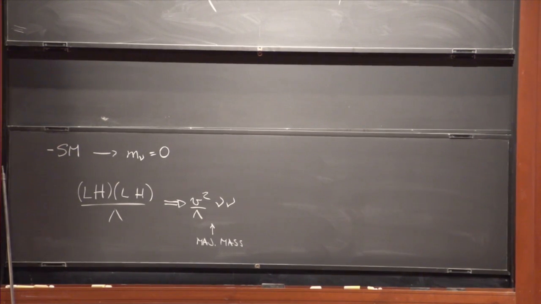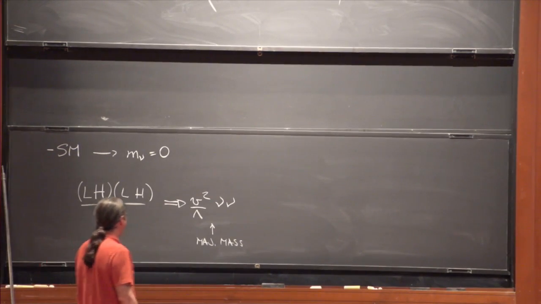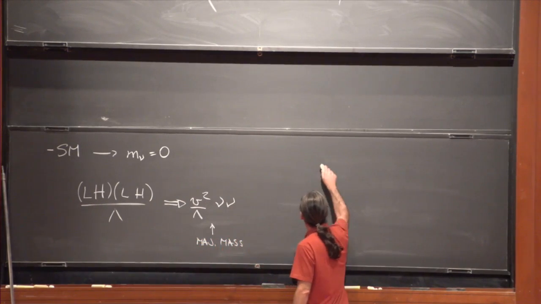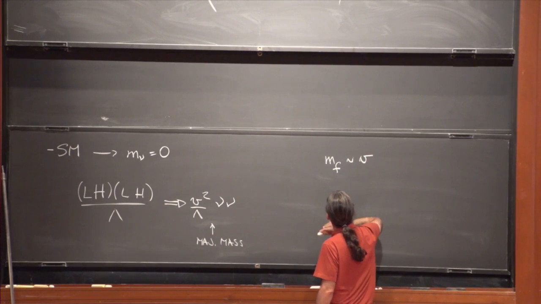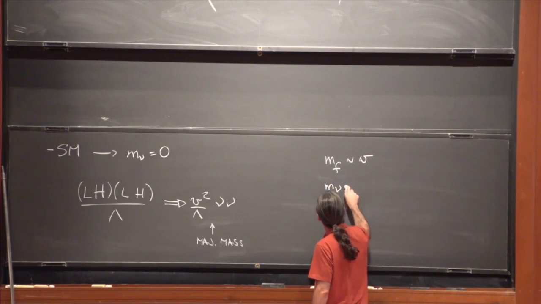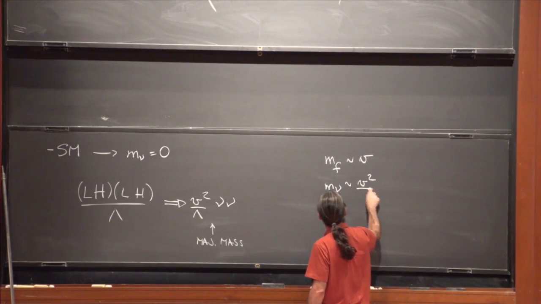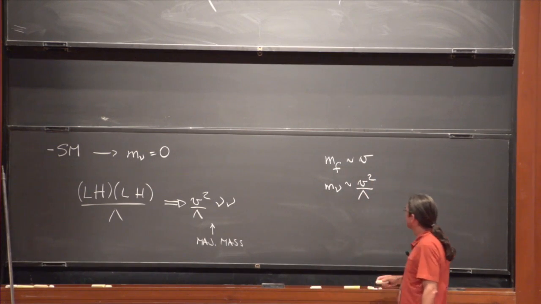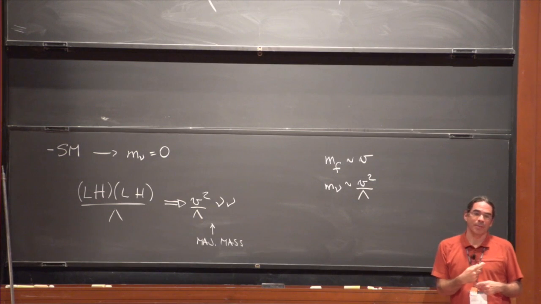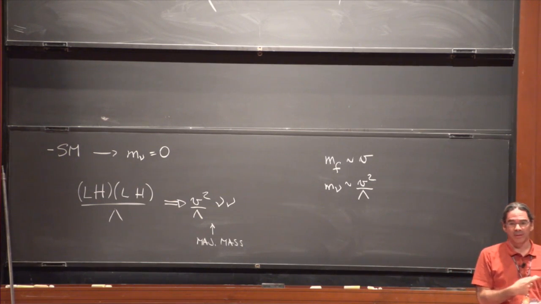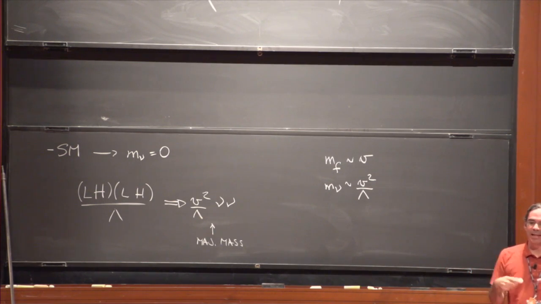It gets better because all of the fermion masses in the Standard Model are proportional to v, and I'm predicting that the neutrino masses are proportional to v squared over lambda. What this is telling me is that not only do I predict that the neutrino masses are not zero, but I predict that they're qualitatively different from the charged fermion masses.